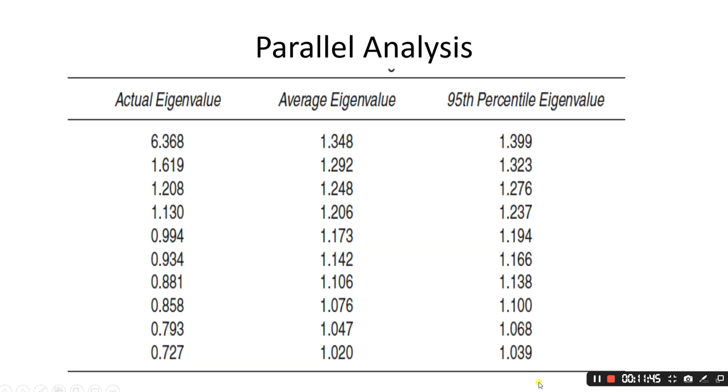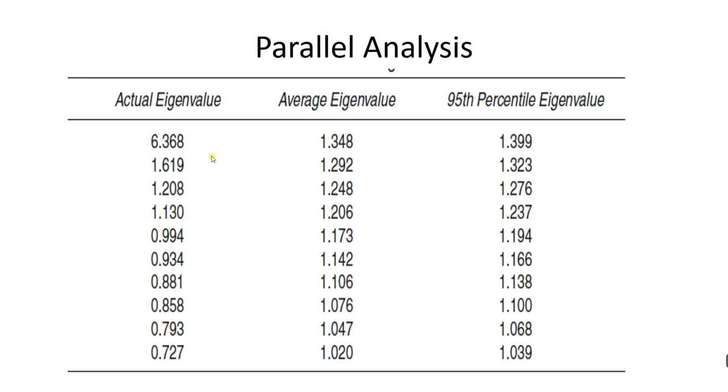The other method is called the parallel analysis method. In this method, we extract the factors and their eigenvalues on the actual data. This is the first step. Then we generate a sample of random numbers of this data matrix of the same order.